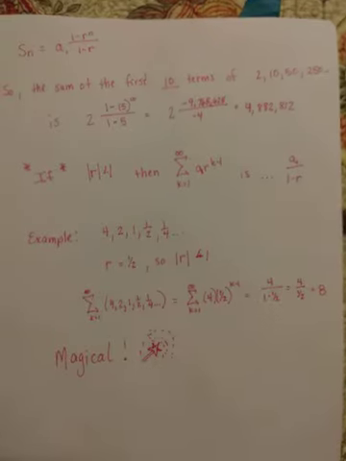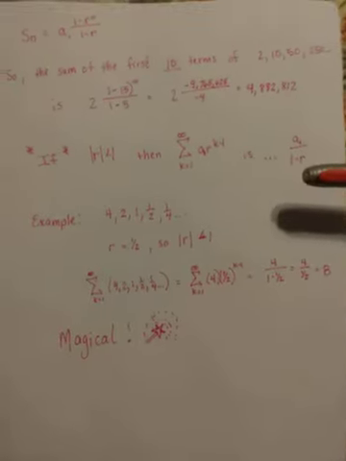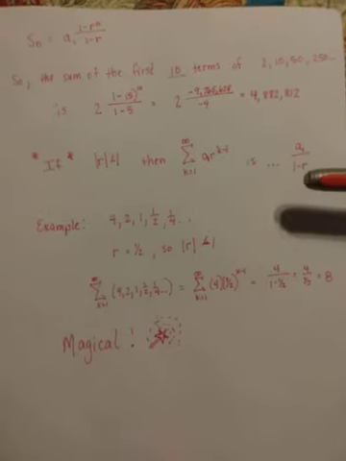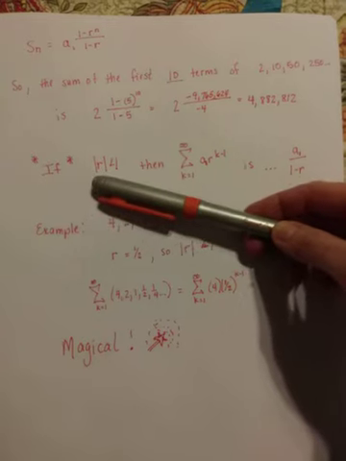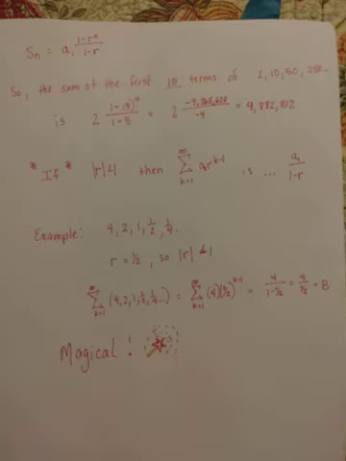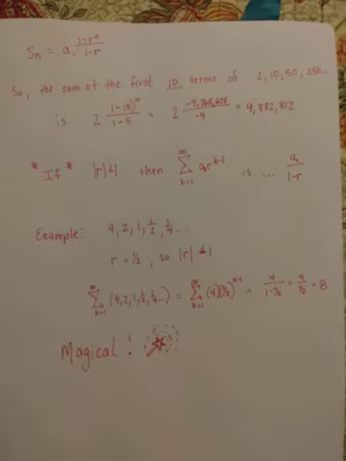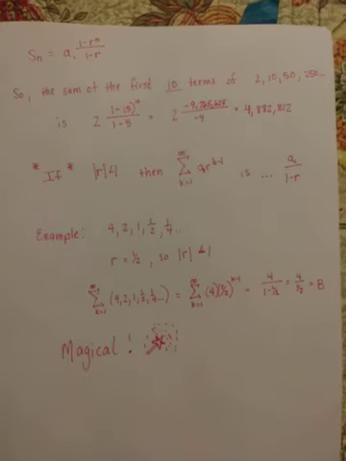Here's the part that is kind of a little magical to me. If our common ratio has an absolute value less than 1, I know that looks like a 4, but I promise it says absolute value of r is less than 1. This is a big if. If the absolute value of the common ratio is less than 1, that means basically that it's between -1 and 1.